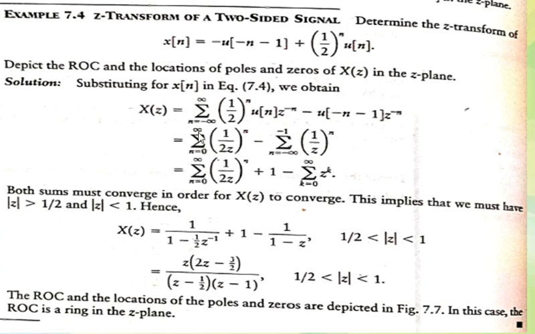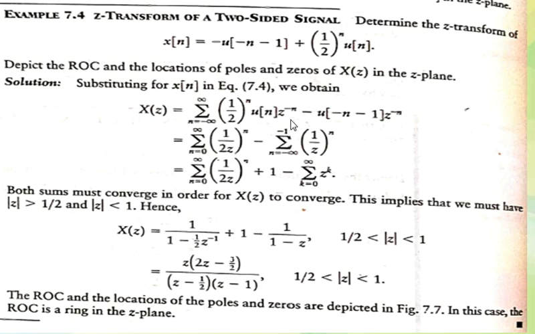And we know that as u of n is there, it makes it 0 to infinity, and 1 by 2 as it is. Now instead of writing z raised to minus 1, even we can write it as 1 by z also, as per the convenience. 1 divided by 2z also we can write, or z to the power minus 1 is also fine, raised to n.